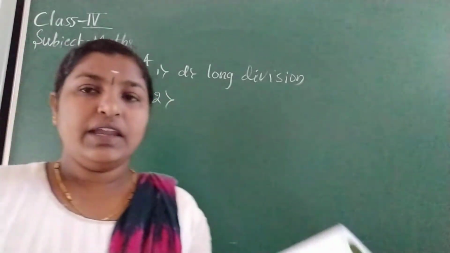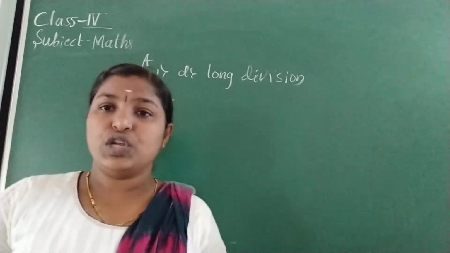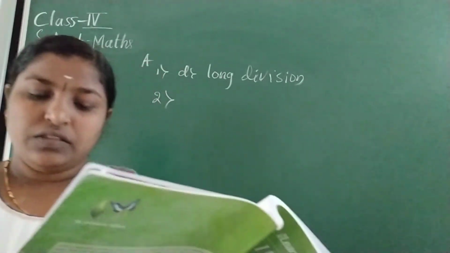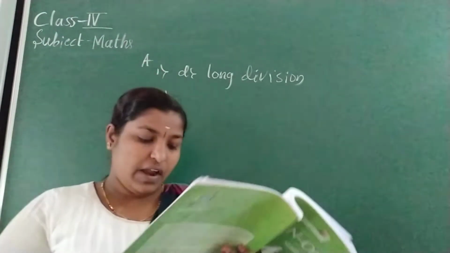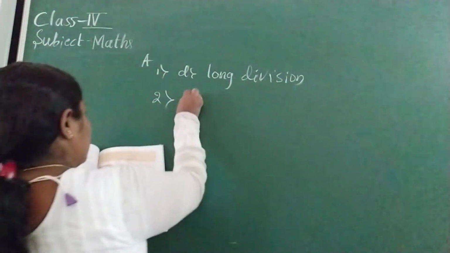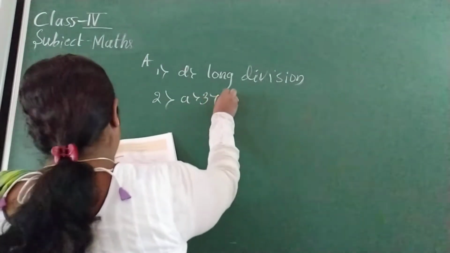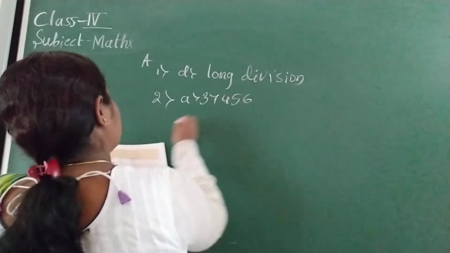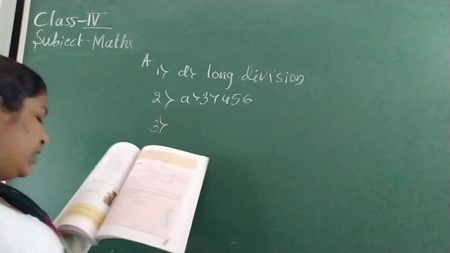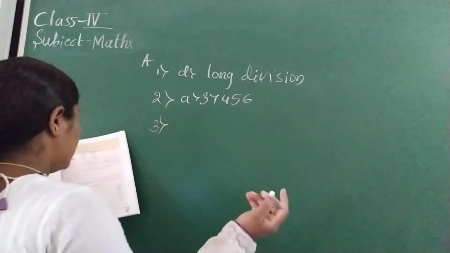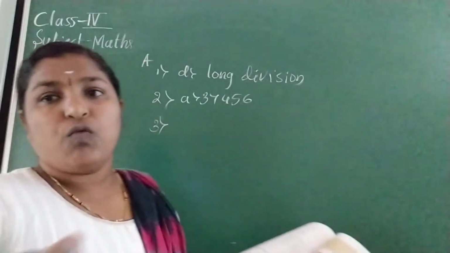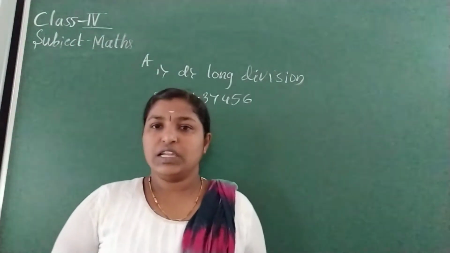The dividend is in the given question. Which is the dividend? 37,456 is the dividend. That is A option. The divisor is the third one. Which is the divisor?